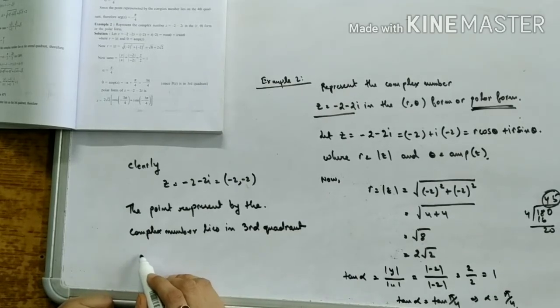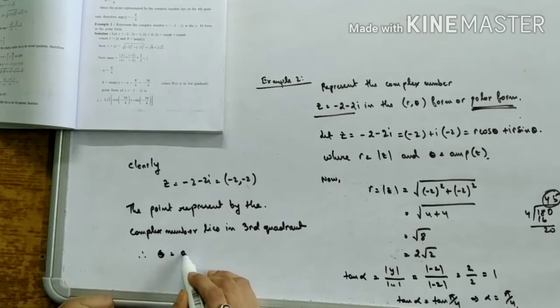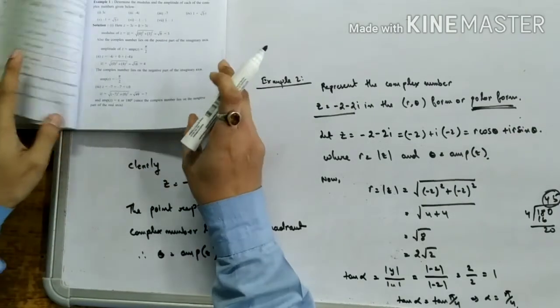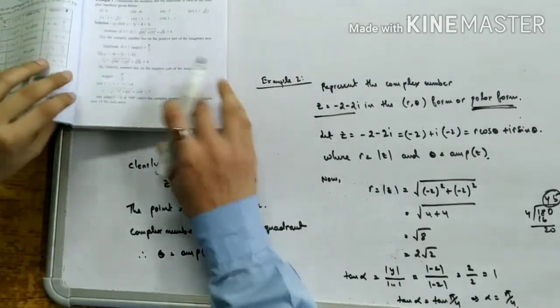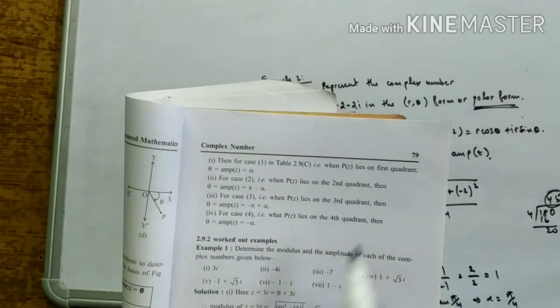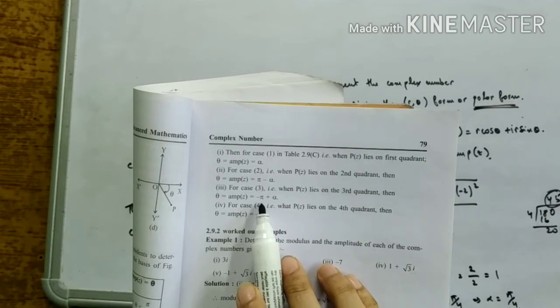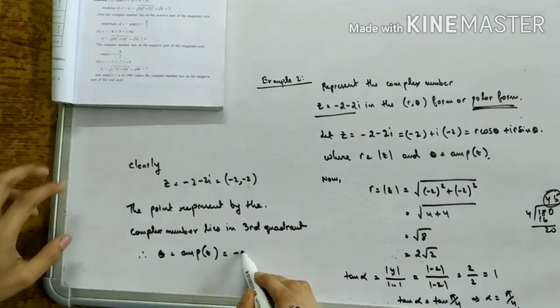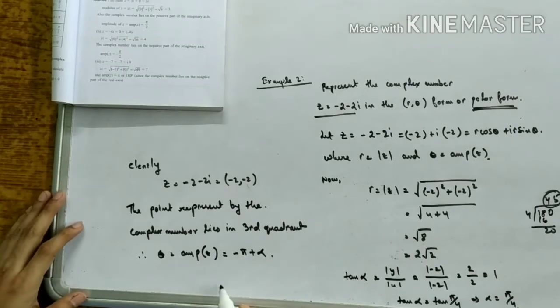So therefore theta is equal to amplitude of z in the third quadrant. In the third quadrant, theta is equal to amplitude z, which is minus pi plus alpha.